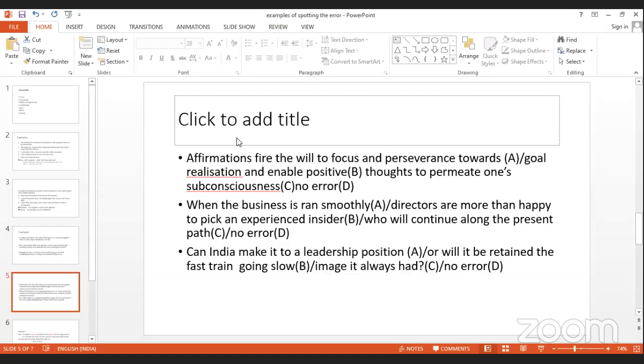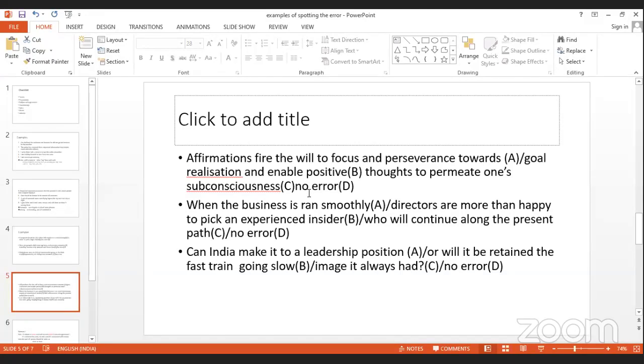Now let's check the first one. Affirmations fire the will to focus and perseverance towards. This is how you will have your question. You will have four divisions, A, B, C, and D. If in any sentence there is no error, you will read the instructions.